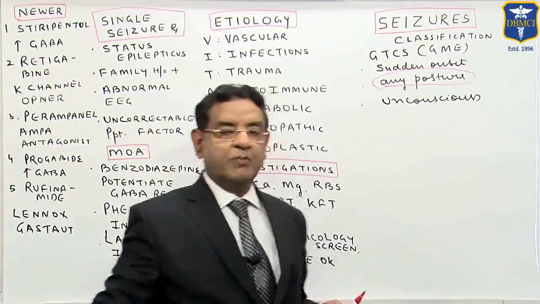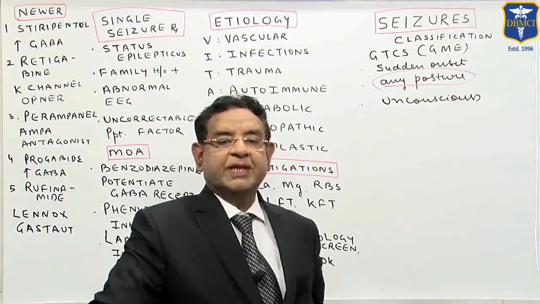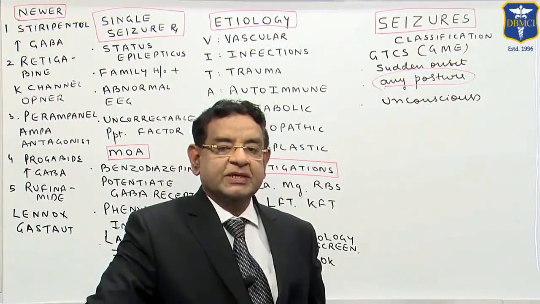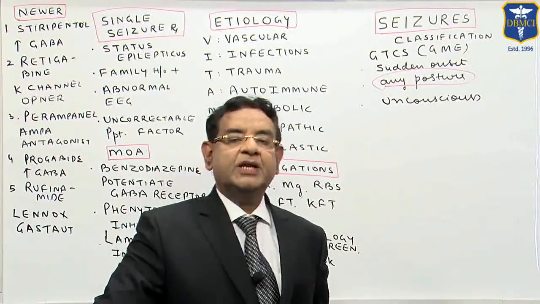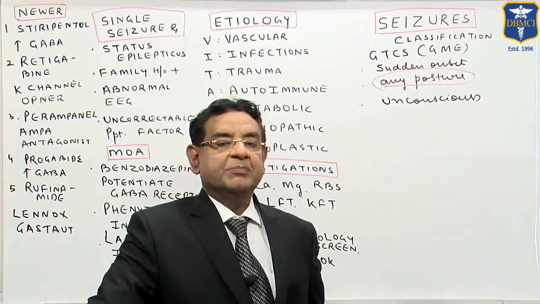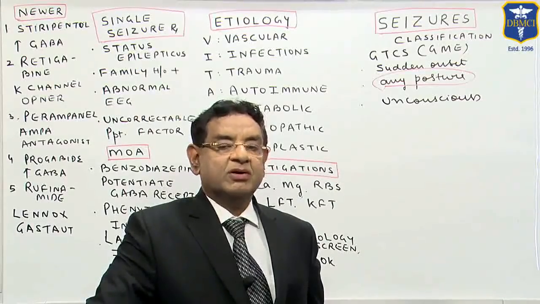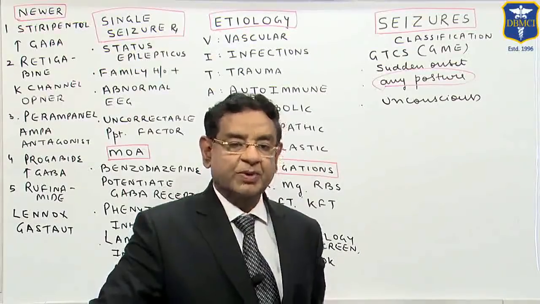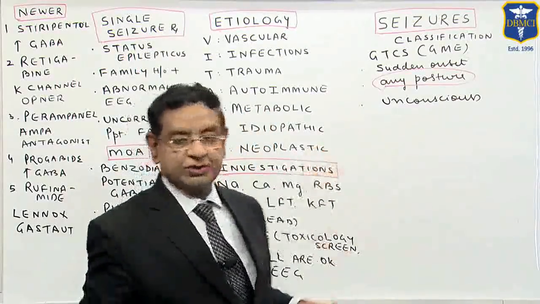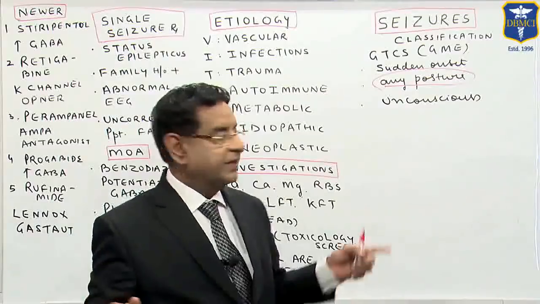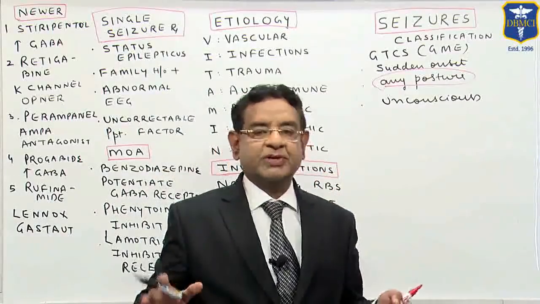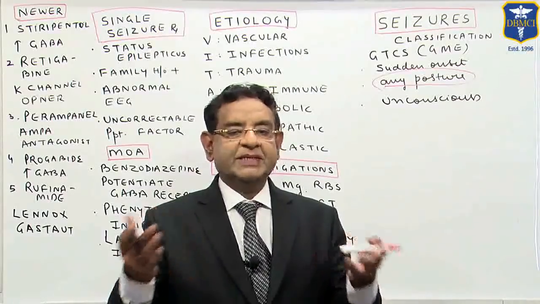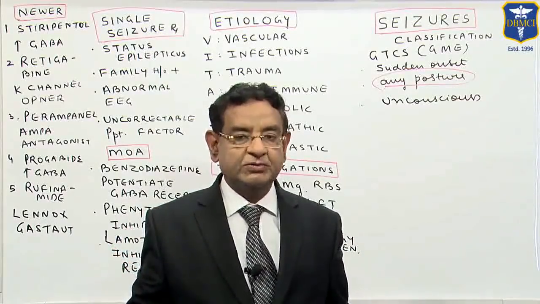Remember, in a syncopal attack also, as I told you, it occurs in standing position. The patient falls, the patient may transiently lose consciousness, but the patient regains consciousness immediately or instantaneously in syncope. Here it is not so. Now what happens? The patient becomes unconscious, so definitely if he is standing he will fall, and he may sustain some injury also.